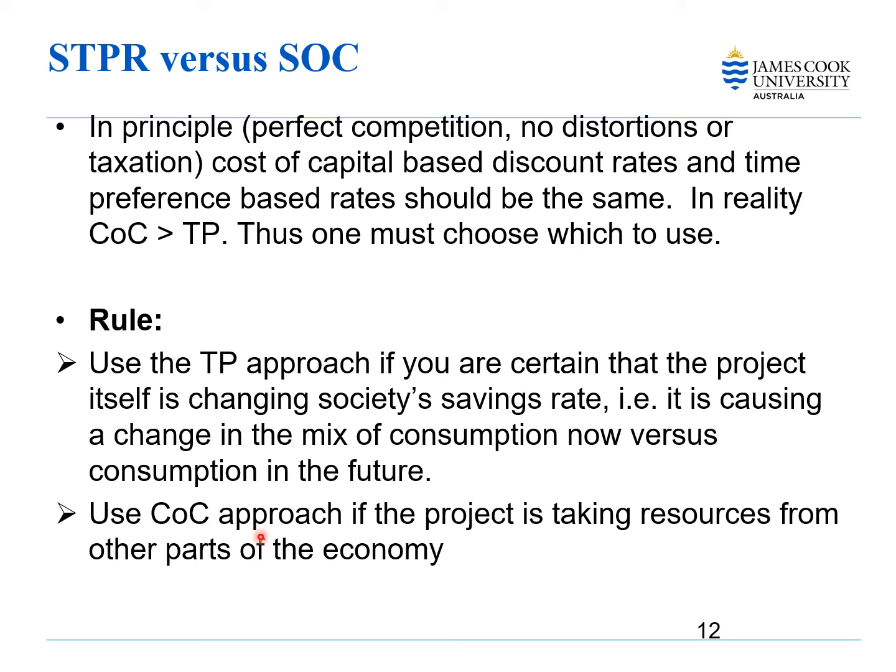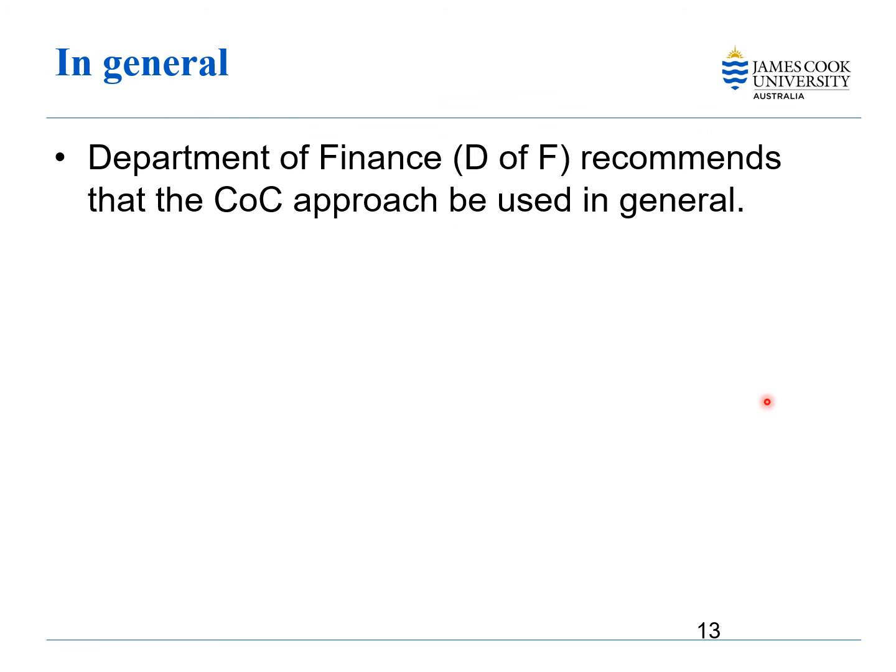We want to use the cost of capital approach if the project is taking resources from other parts of the economy, which is generally the case for quite many projects that we will assess. Department of Finance recommends that the cost of capital approach be used in general.